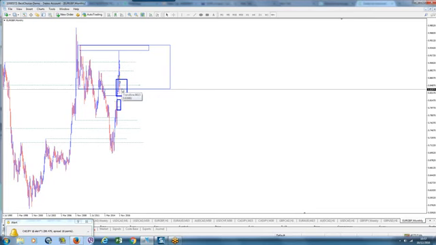Then the next place we could possibly be turning down is this guy over here. And then the top of this, what's this again? I don't remember. It could be the top of this box. Each of these little levels, it could be any of these. So turning down on the monthly could happen at any of these little levels, any of the tiny ones. And they're all perfectly valid places to bounce price back down before it goes to its target. Certainly the best places are up at the very highs, but that could be for later on as well.